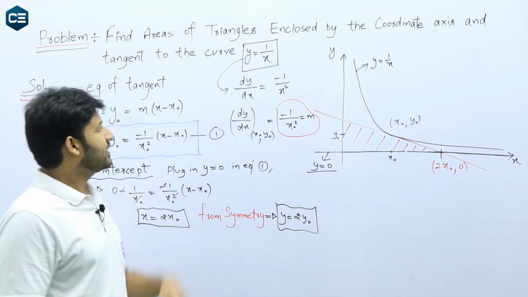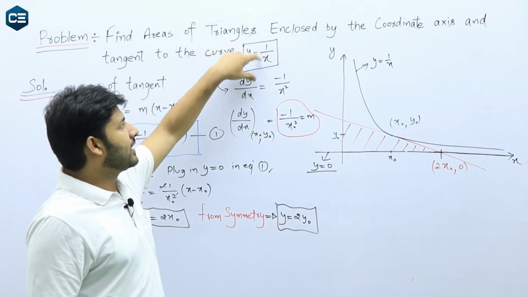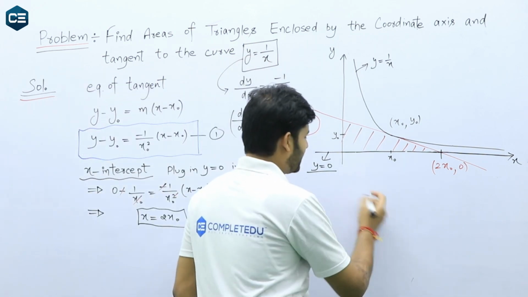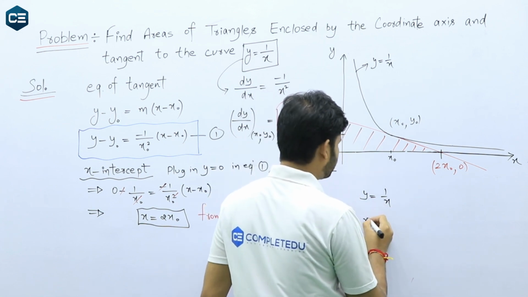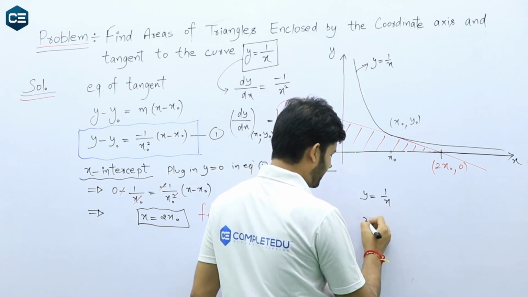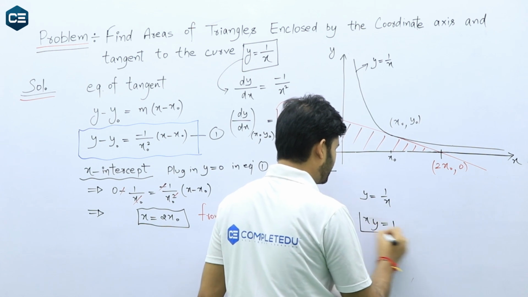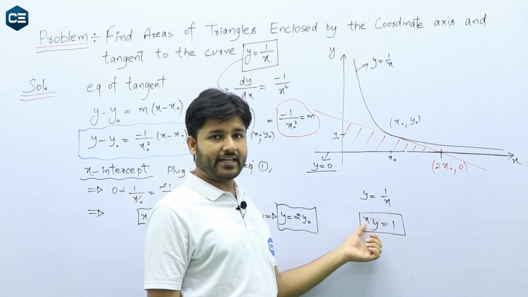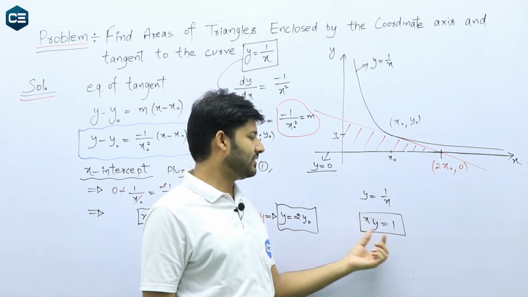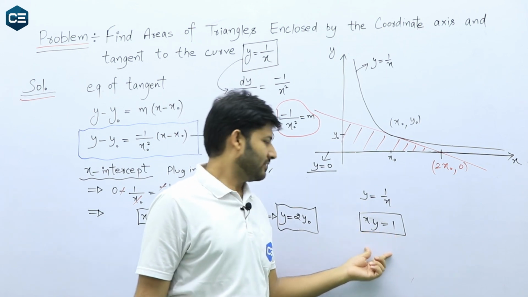And why is that? You can see our curve is y equals 1 over x. See the curve properly? Our curve is y equals 1 over x, or we say xy equals 1. If I replace x by y and y by x, if I interchange their places, then there will be no effect.